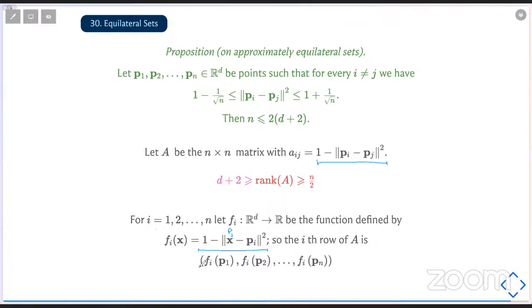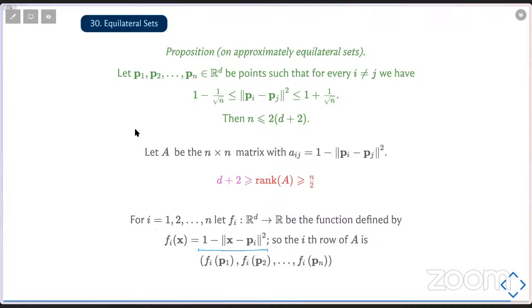So essentially think of the ith row of the matrix A as being Fi acting on all of these points. You could think of it as a convenient way of rewriting the entries of the matrix. Let me know if this reformulation makes sense.